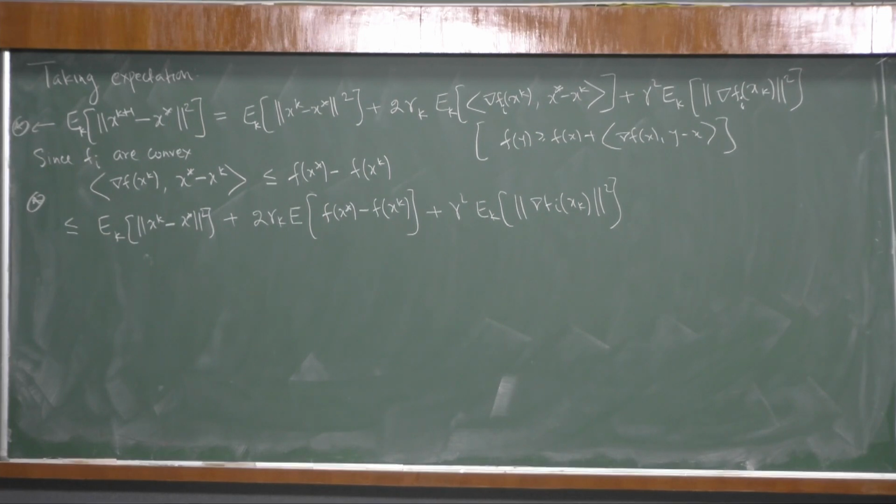Let us recall the variance transfer for the gradient, and in this case we have expectation of norm of grad f_i(x) squared, which should be less than or equal to 4 L_max (f(x) minus infimum of f_i) plus 2 sigma star squared.